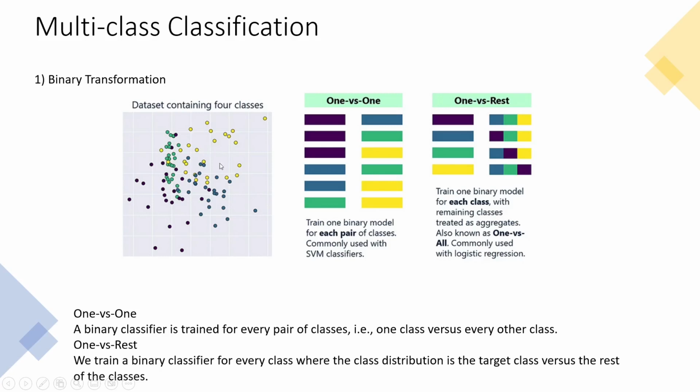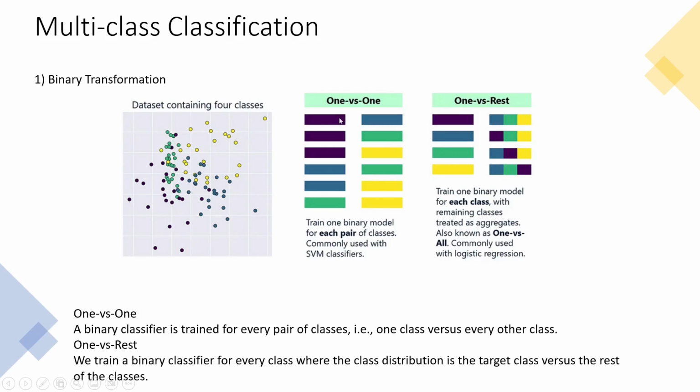Logistic regression and support vector machines are both used for binary classification. But assume that we would like to solve a more complicated problem. Then we can use a binary classifier on a 1 versus 1 basis, or 1 versus rest, or 1 versus all basis. What does that mean?